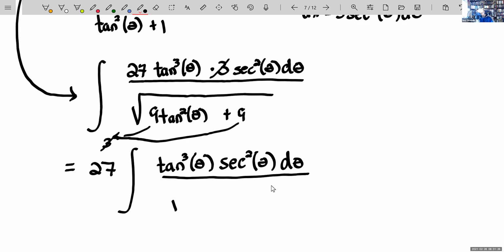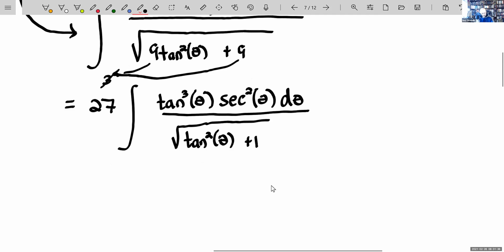And we'll have the square root of tangent squared of theta plus 1, which, by the way, is by design a secant squared. And the square root of secant squared is secant.